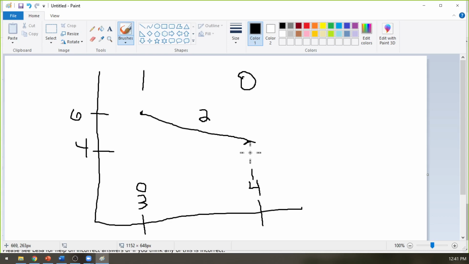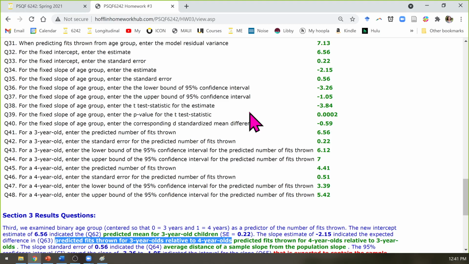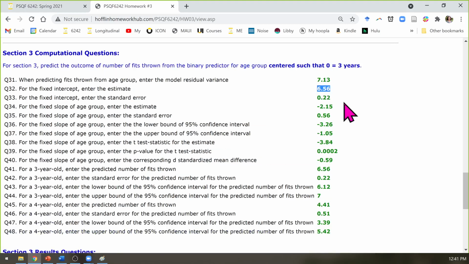And you already have the mean for the 3-year-old group because that's what the intercept means. So some of the answers were redundant on purpose, trying to get you to recognize that. The fixed intercept that you entered here is simultaneously also the predicted mean for the 3-year-olds, because that's what the intercept represents.